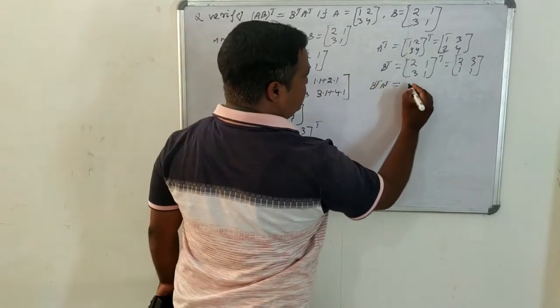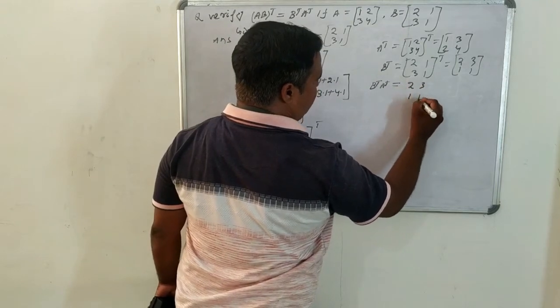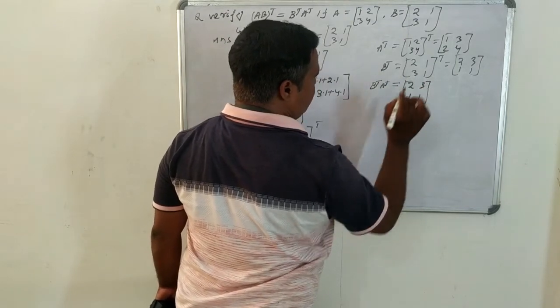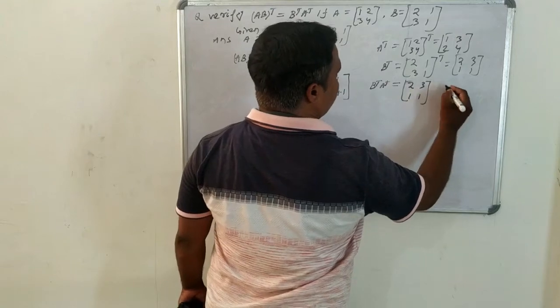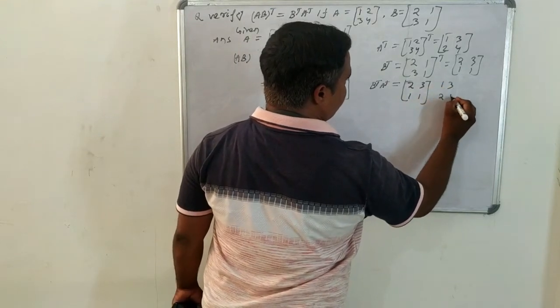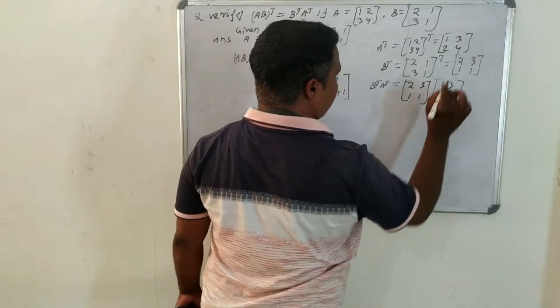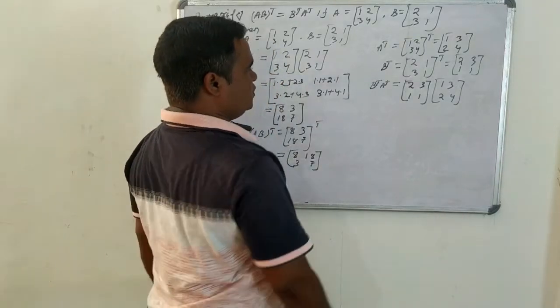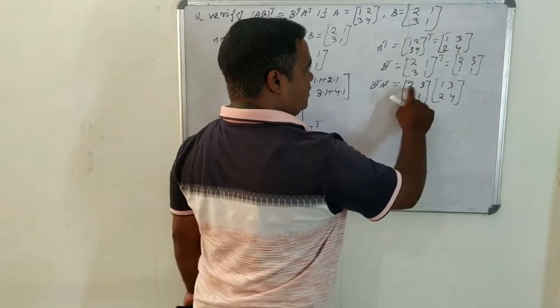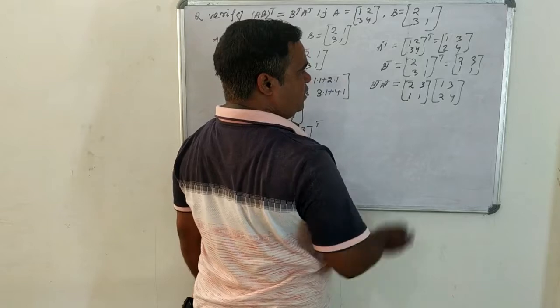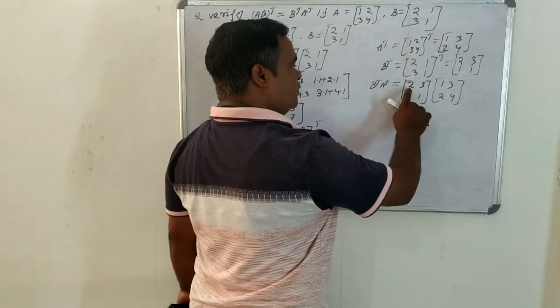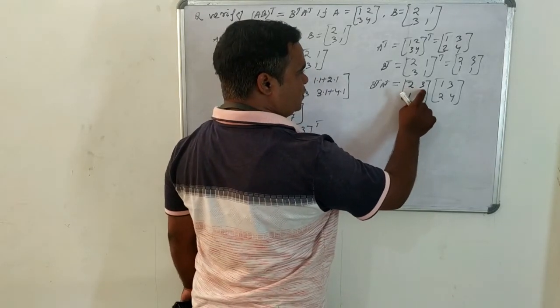So the value is 2, 3, 1, 1 multiplied by 1, 3, 2, 4. First check whether multiplication is possible: the first matrix has two elements in a row, and the first column of the second has two elements.